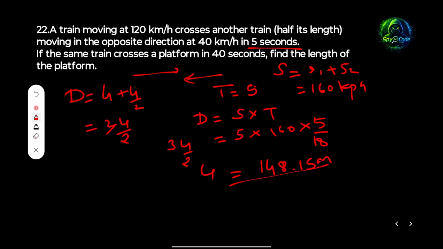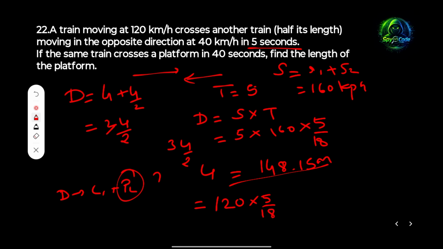So if the same train is crossing the platform, then distance will be length of train plus platform length. So we don't know the platform length here. We need to find the platform length. So we know the speed. Speed is 120 kilometers per hour. Here be aware of this. We need to consider only the train 1 speed because they are asking for the train 1 which is crossing the platform.